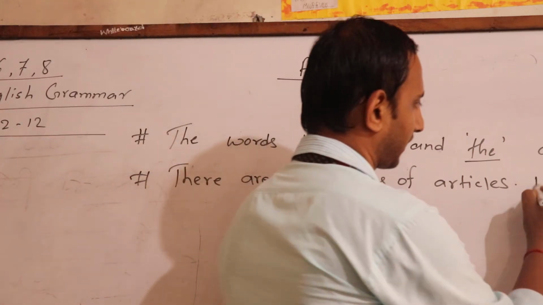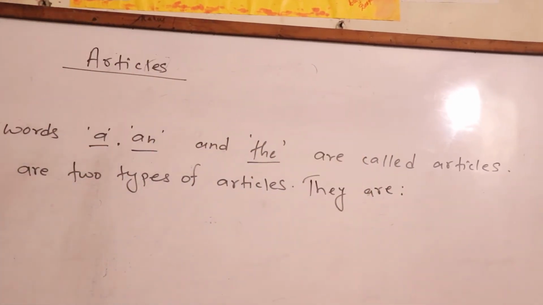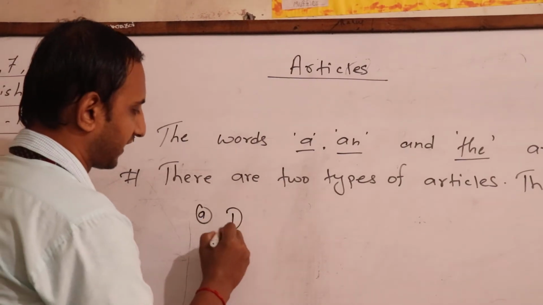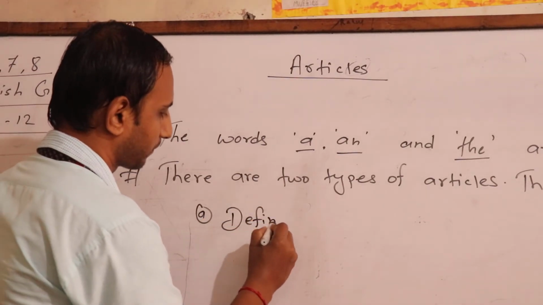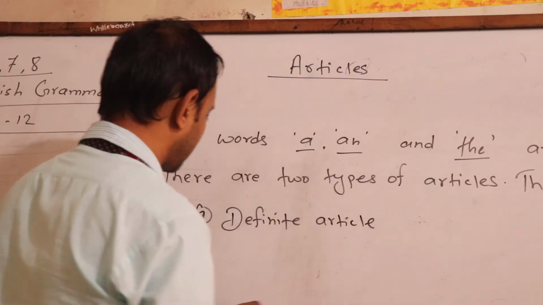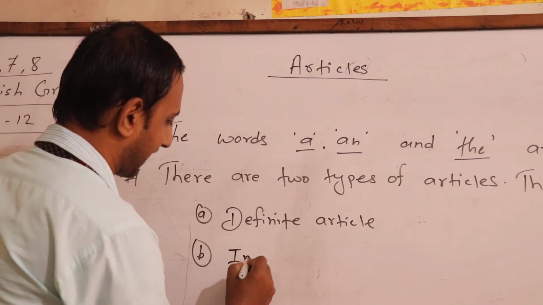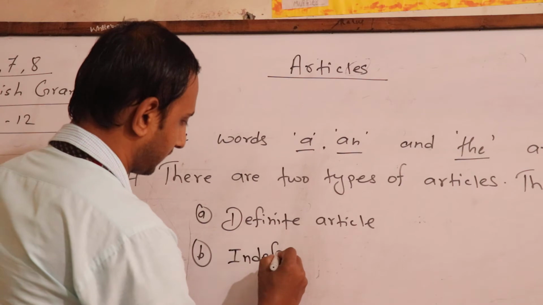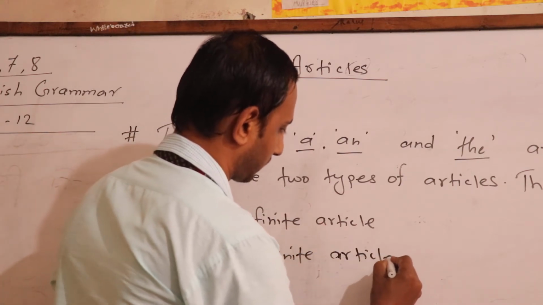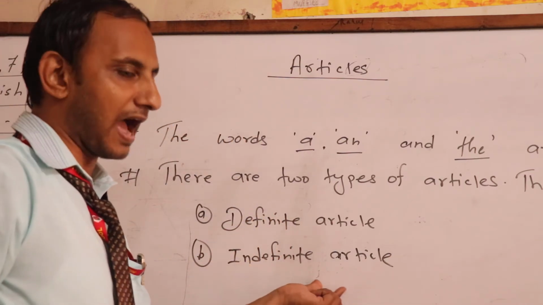So what are they? Number A, they are definite article, and another one is indefinite article. Definite article and indefinite article.